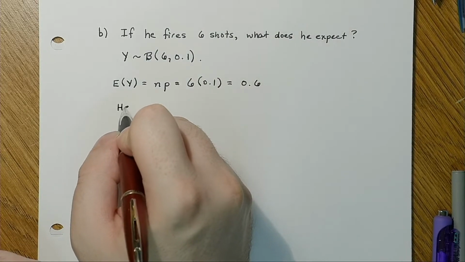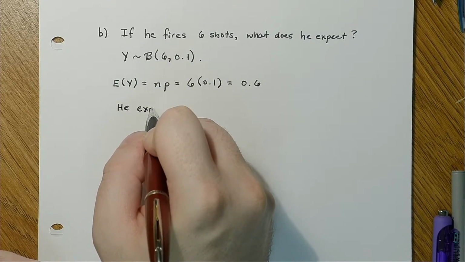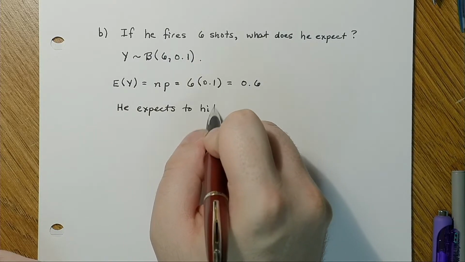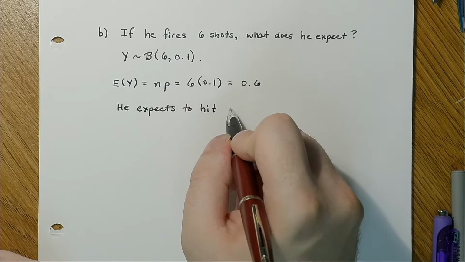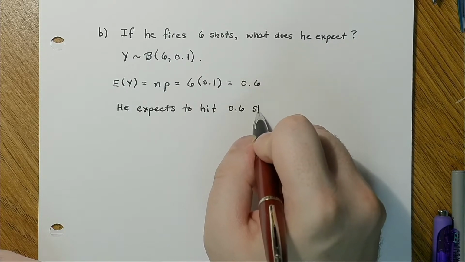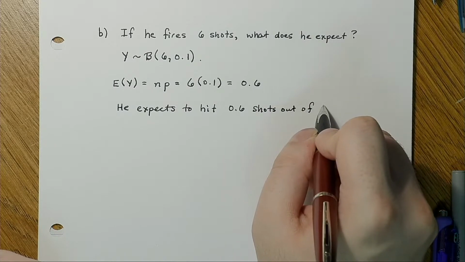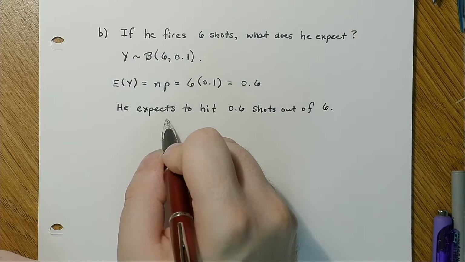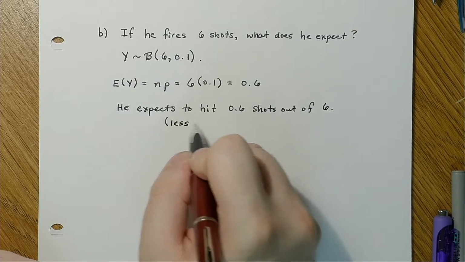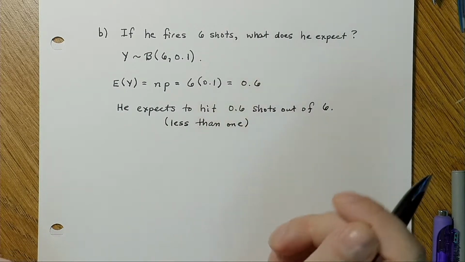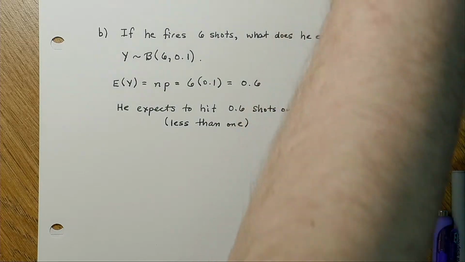So he expects to hit 0.6 shots out of 6. Less than 1. That's not very good.